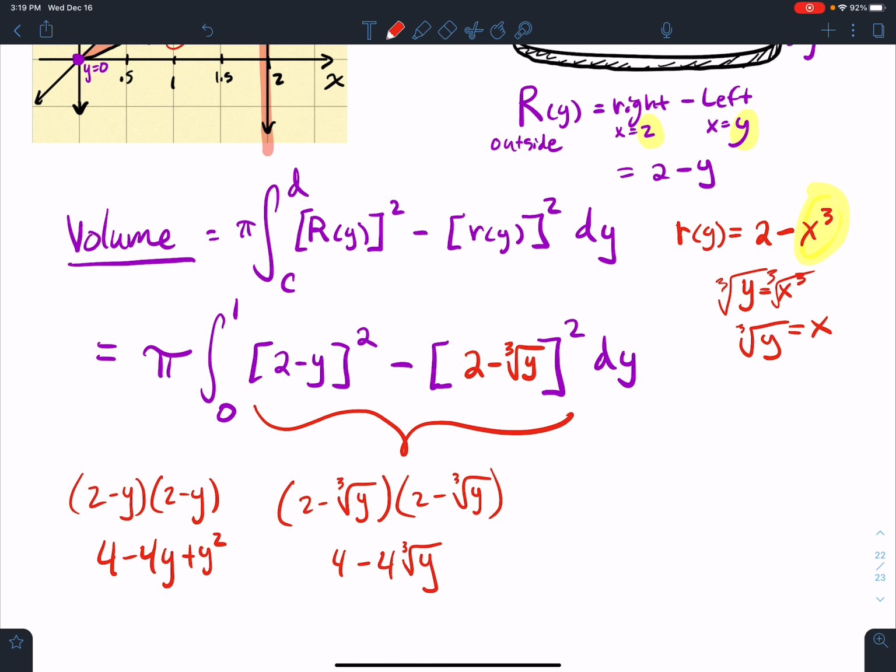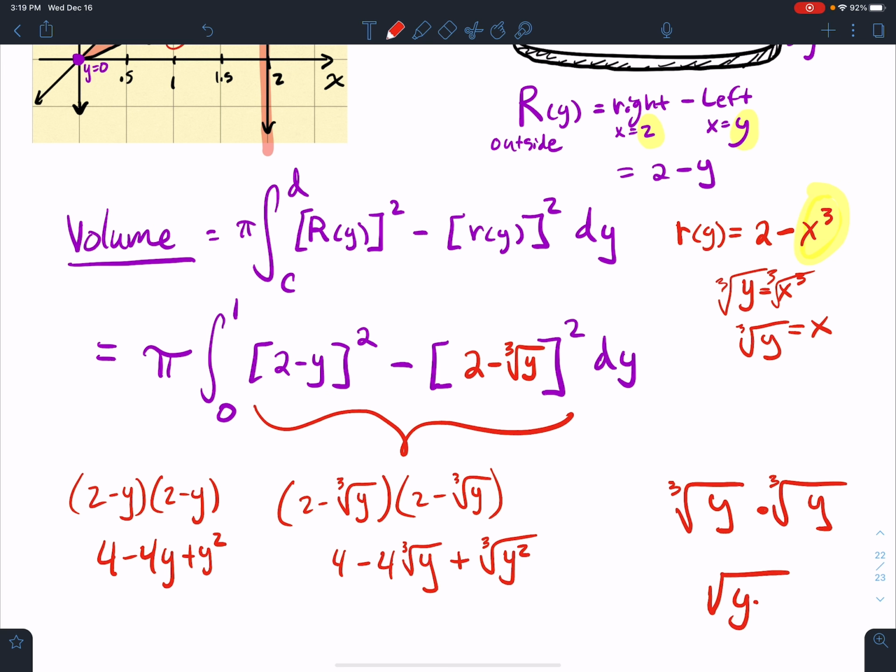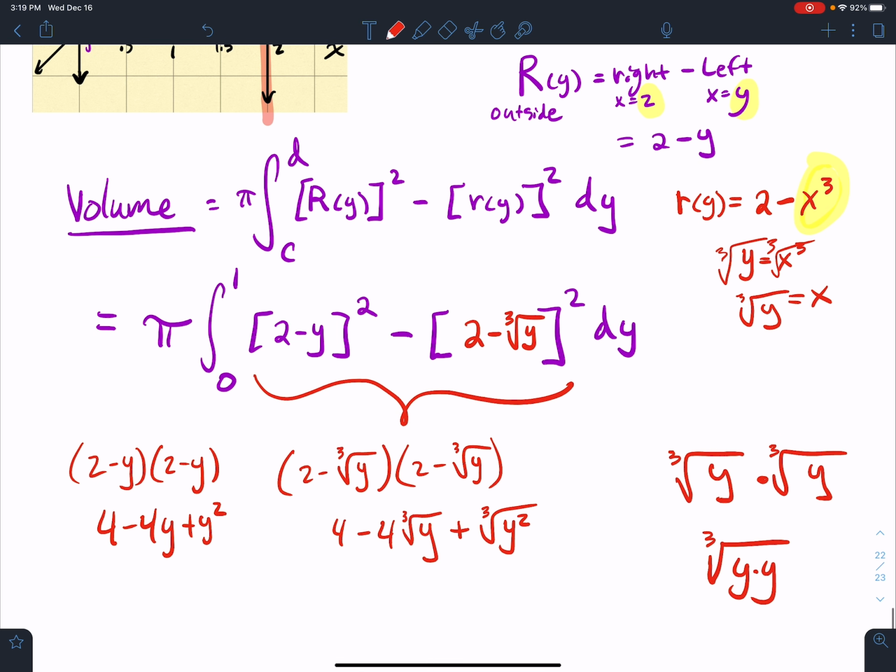And then this one might be tricky to you, but this is plus the cube root of y squared. If you multiply the cube root of y times the cube root of y, how many y's do you have? You got 2 y's inside, right? And so that's where that cube root of y squared comes into play. Okay?